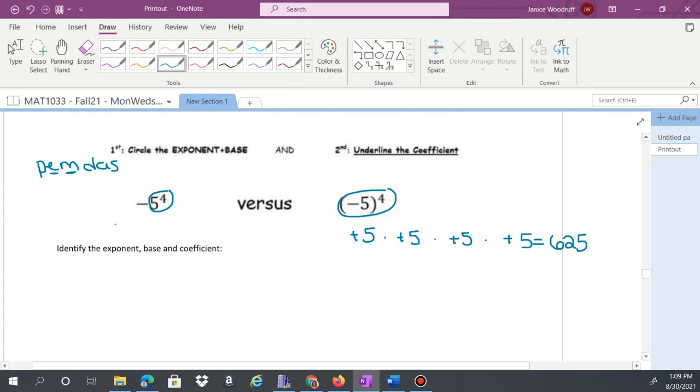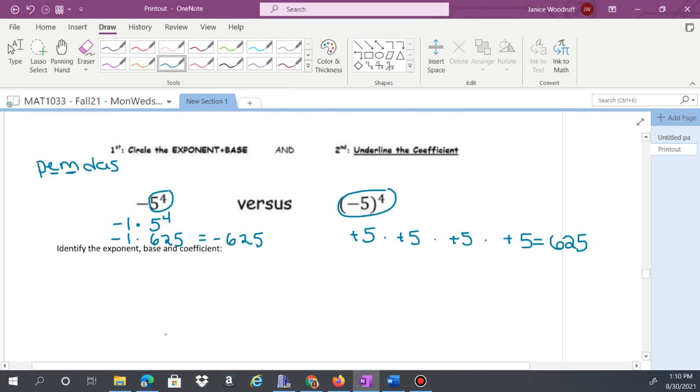That negative is like saying negative 1 times 5 to the fourth. 5 to the fourth is 625, so we do negative 1 times 625 and get negative 625. That's why it was negative when I put it in my calculator.